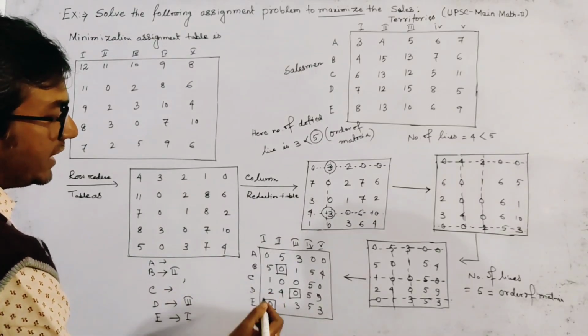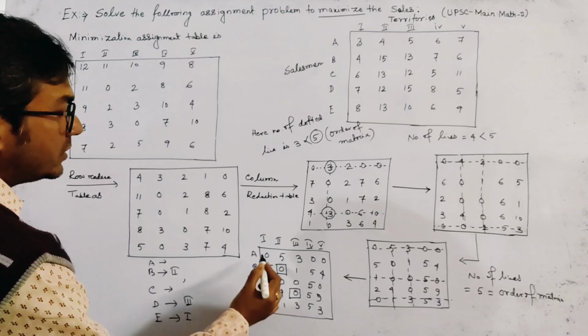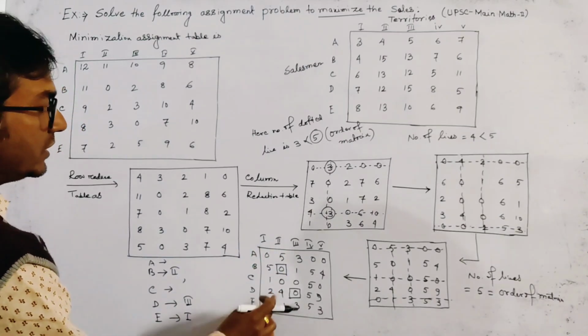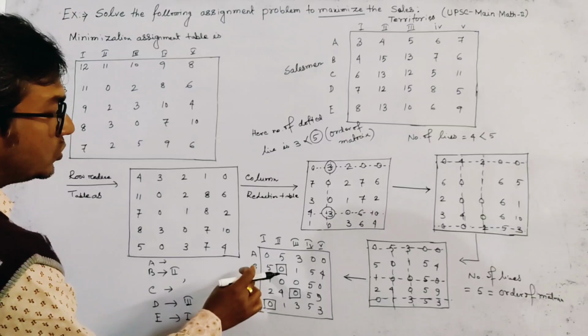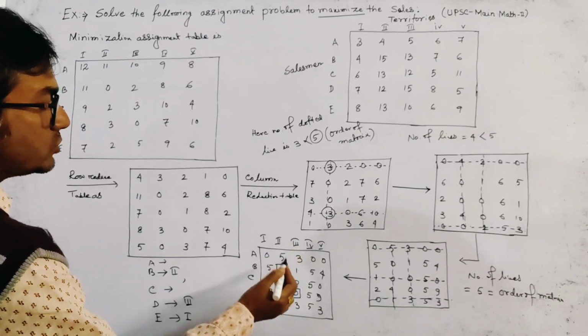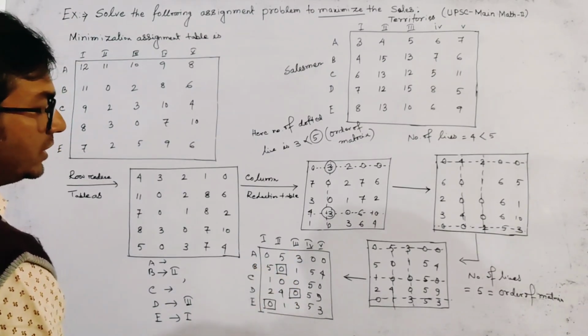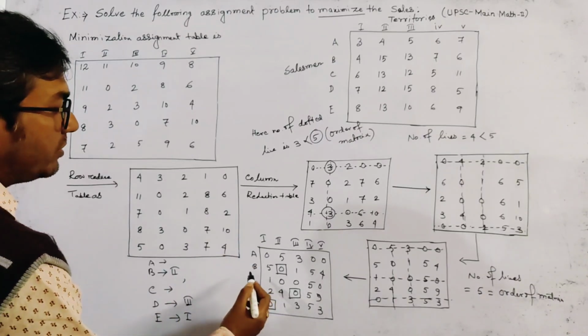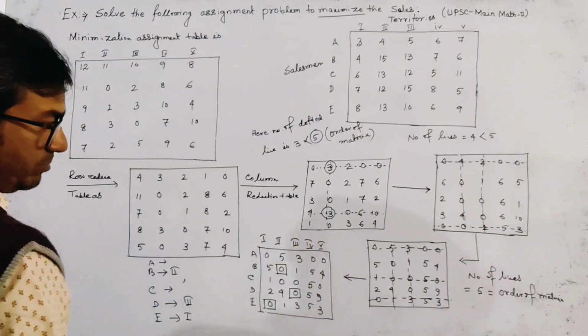How to assign the rest? Clearly the first territory is assigned to E, the second territory is assigned to B, and the third territory is assigned to D. Now there are two remaining territories, 4 and 5.